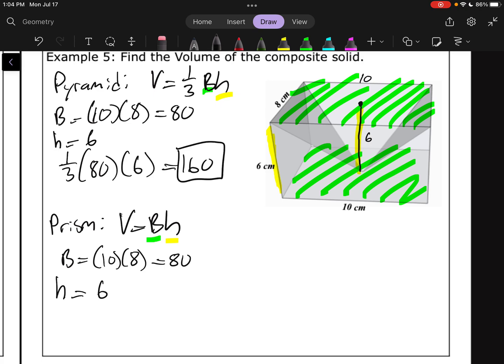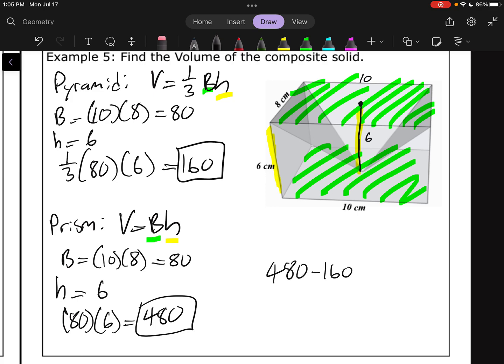So this one will be 80 times 6, which is 480. And then we'll subtract them. 480 minus 160 gives us 320 centimeters cubed.